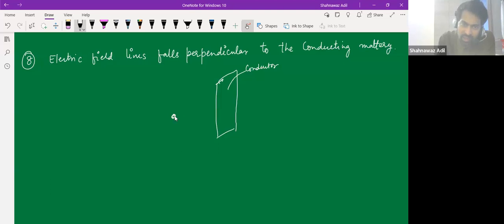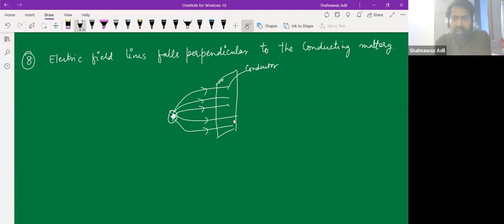Let's say this is a positive charge and electric field lines are emanating from this one, so they will fall perpendicularly to this conductor, right? And if you have a spherical conductor like this, then on this spherical conductor, they will fall perpendicular, right?